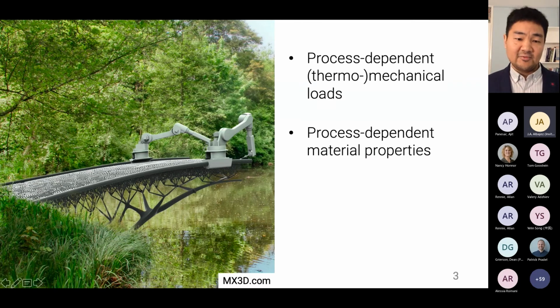Furthermore, in metal additive manufacturing, because of the phase transition, because of the high temperature gradient and the thermal history, they all influence the development of microstructures and residual stresses. This essentially means the material properties of fabricated structures will be different from what has been assumed when we design the structures.